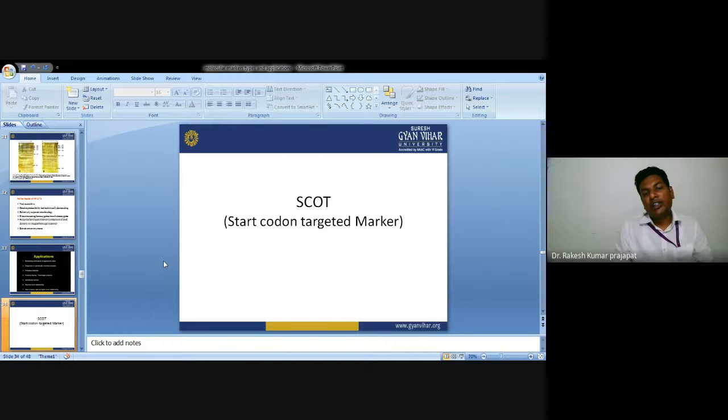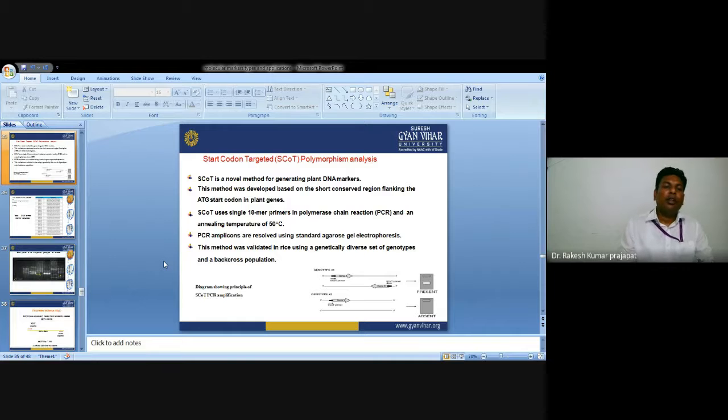Start codon targeted marker polymorphism analysis. SCoT is a novel method for generating plant DNA markers. As the name itself says, start codon means we have to look for polymorphism near the sequence of the initiation codon.